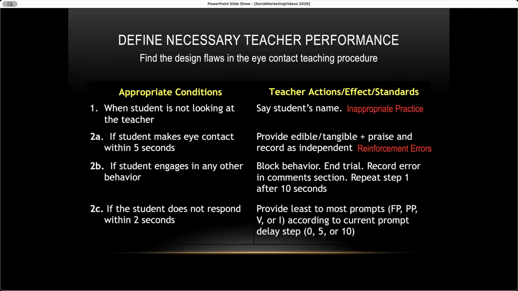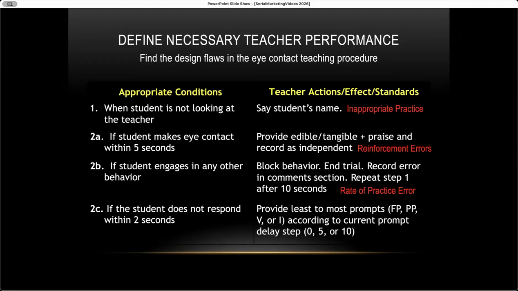2B, if the student engages in any other behavior, block behavior, end trial, record error in comments section, repeat step 1 after 10 seconds. What could be wrong with that? It's a rate of practice error. If you follow this, which after additional training the teacher performed perfectly, you maximize the number of practice opportunities per minute at maybe 1 every 10 seconds, right?